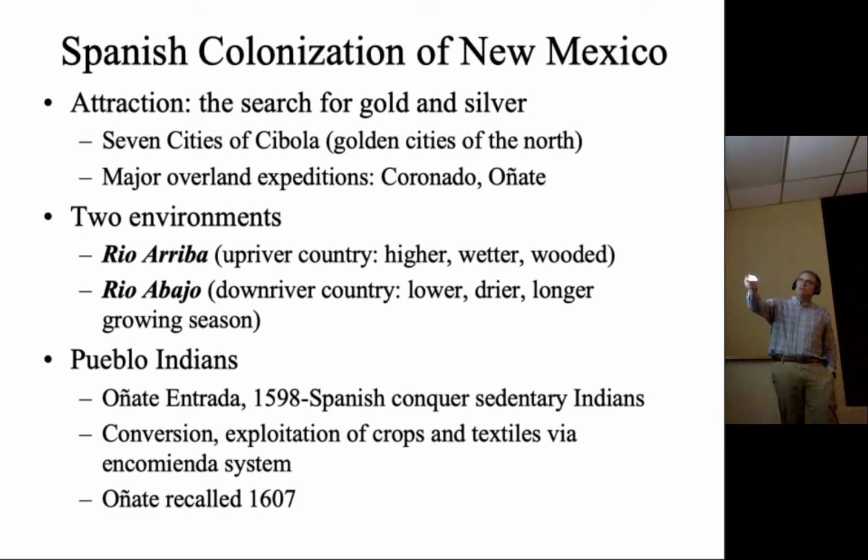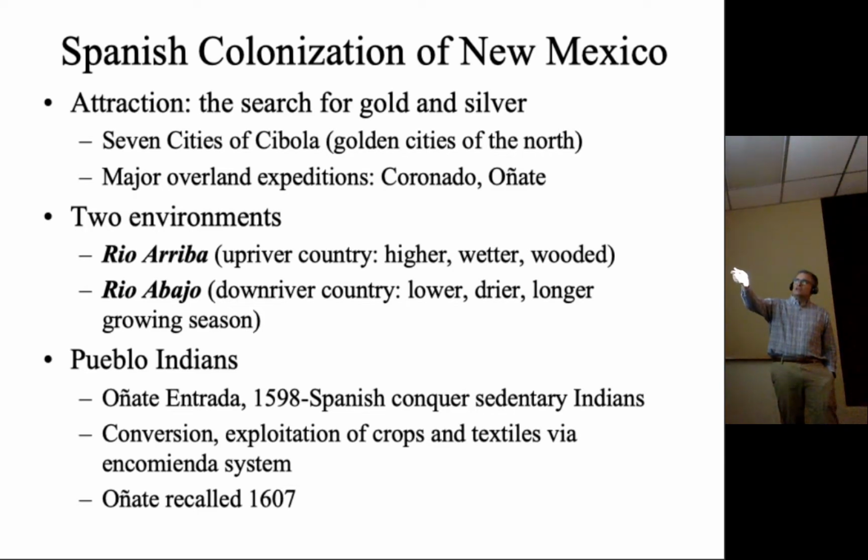Well, anyway, up in New Mexico, the region that the Spanish were successful in was, for the most part, the upriver country, the Rio Arriba, and I hope I said that correctly.